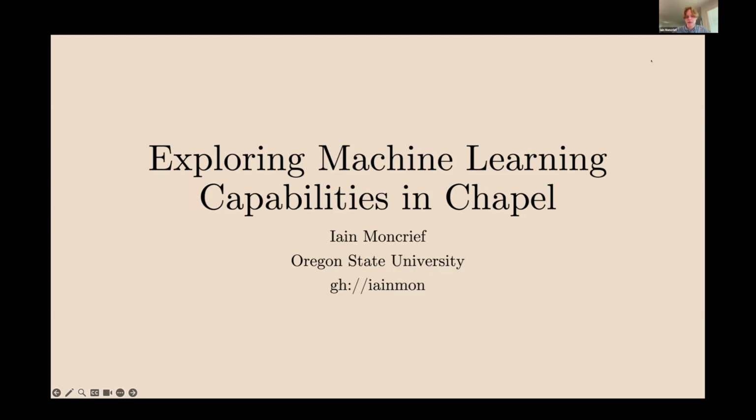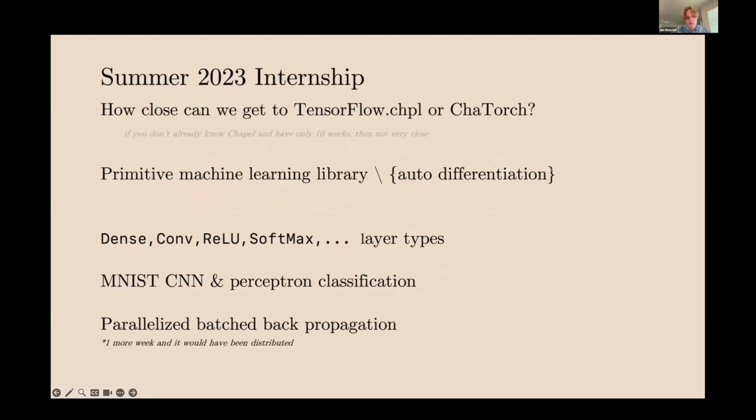So my task was to implement a set of machine learning tools, assess challenges with the Chapel language, and utilize the parallel constructs that Chapel offered. The result of my summer was a pretty basic machine learning library, completely written in Chapel.